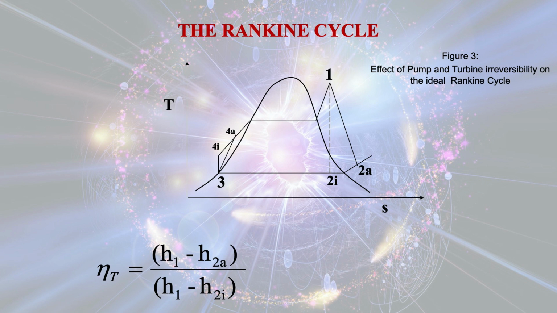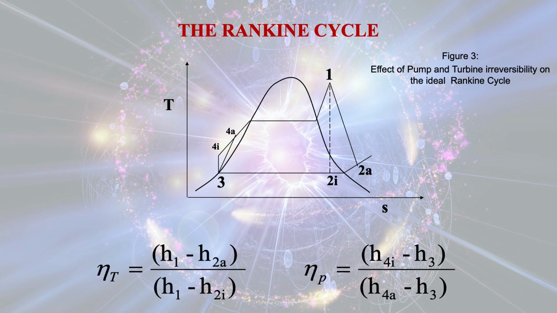The same we can do for the pump. The component efficiency of the pump is H4I minus H3, whole divided by H4A minus H3. This becomes clear if you see the picture.